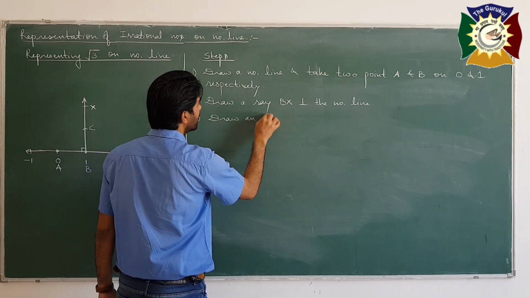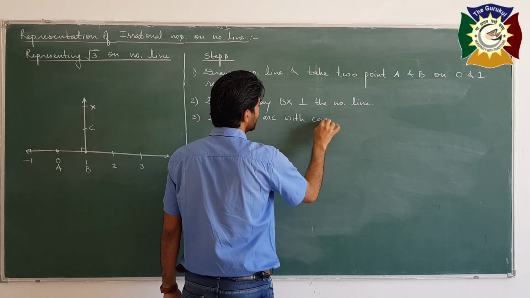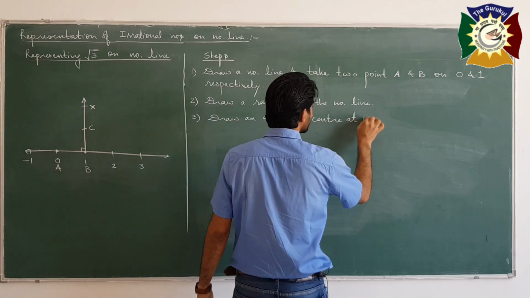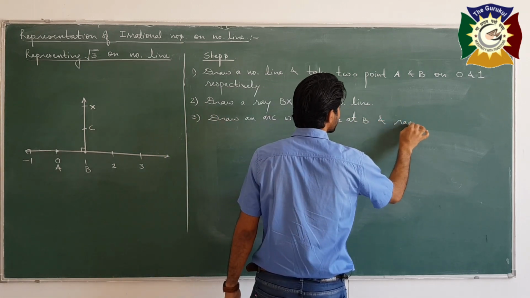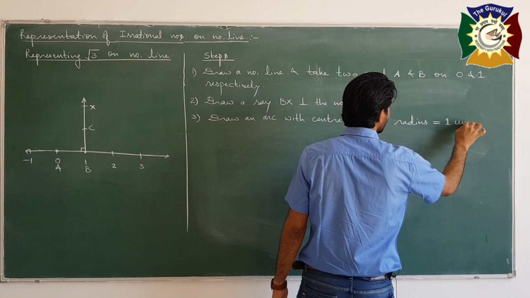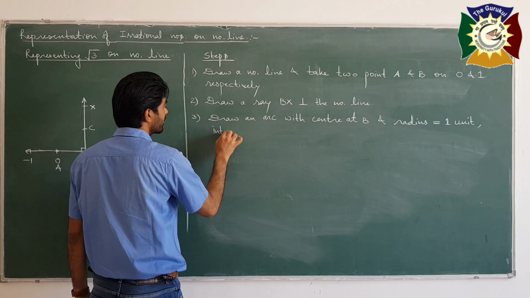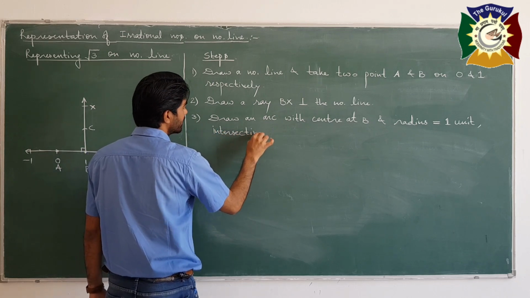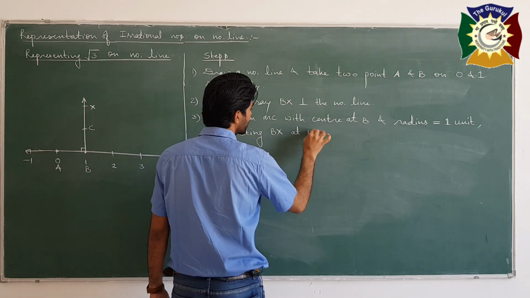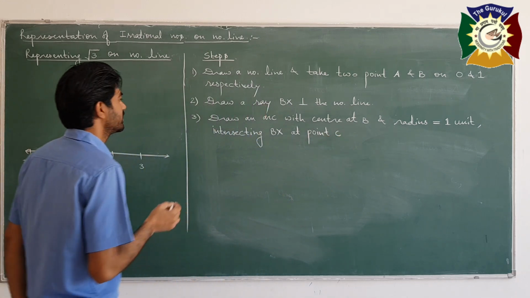Third step: draw an arc with center at B and radius equal to 1 unit, intersecting BX at point C. This is the step.